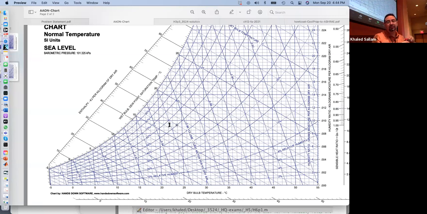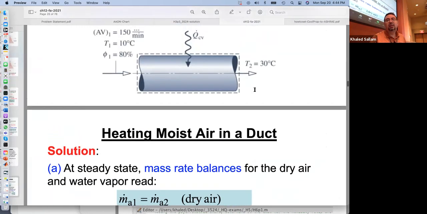Although the conversion is not a problem, right? We know how to convert from degree Fahrenheit to degree C: minus 32 multiplied by 5/9. But still, it's convenient to do this.